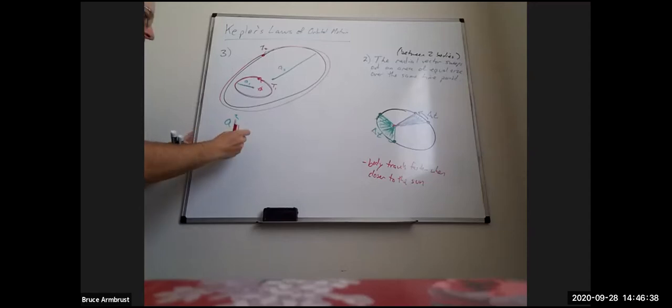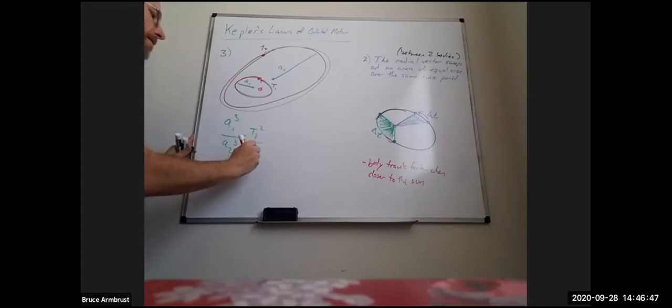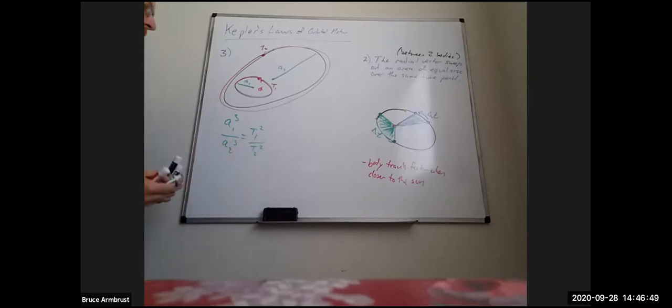this ratio is the same as T1 squared over T2 squared. So you'll sometimes see it written like this.